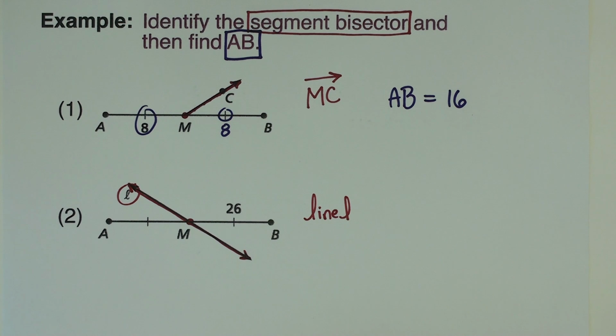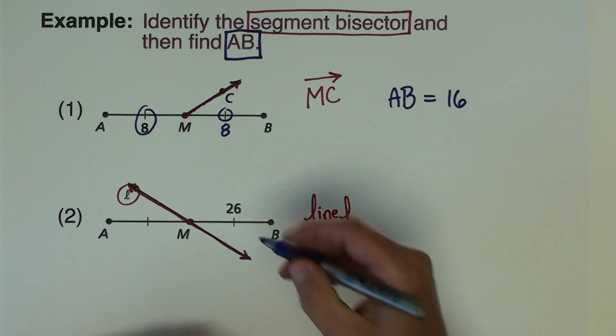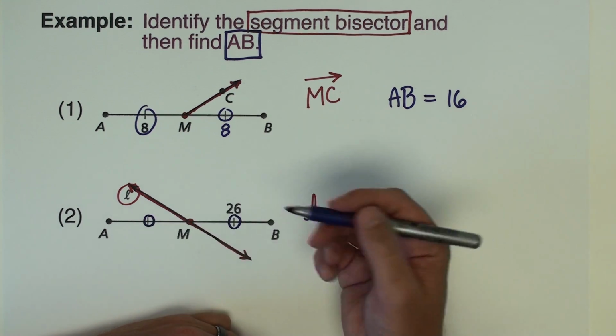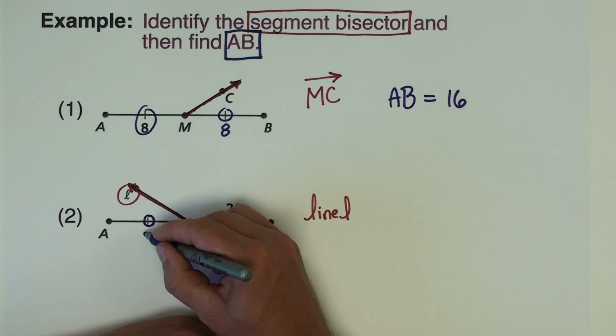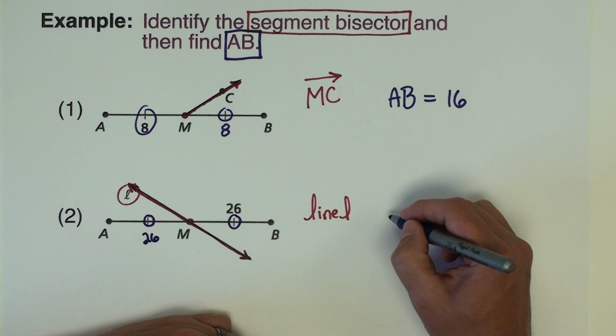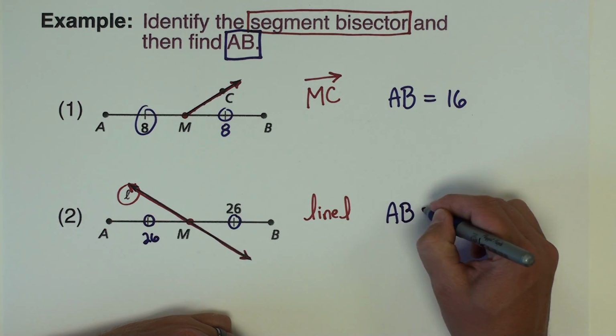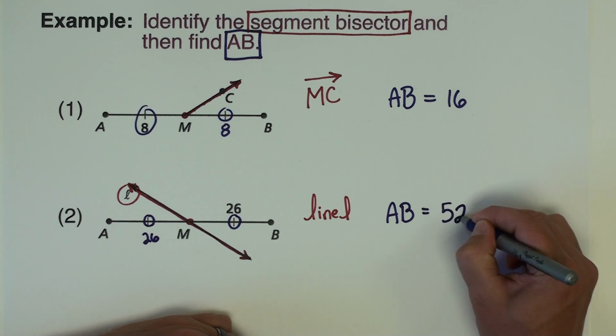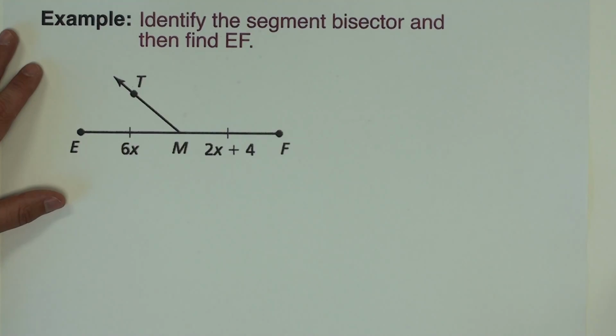And then the length of this segment AB, again, I see the tick marks here, meaning that they're the same. So if it's 26 on this side, it's 26 on this side. And so AB is equal to 26 plus 26, which is 52.